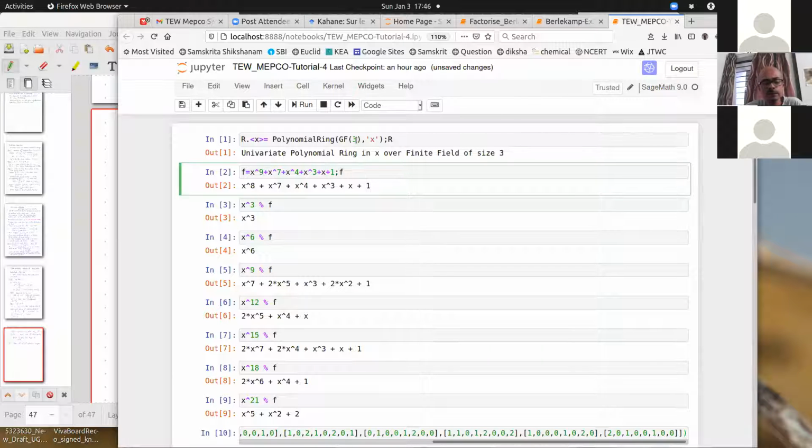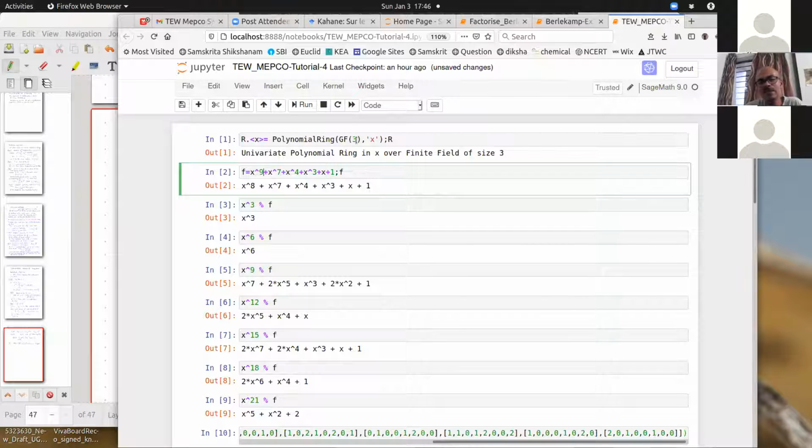If you look at, say, GF9, it would write it down as F3[x] quotiented by an ideal generated by an irreducible polynomial of degree 3.